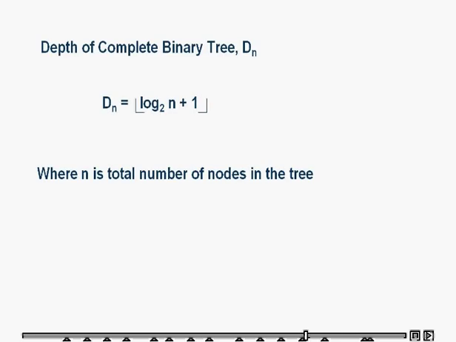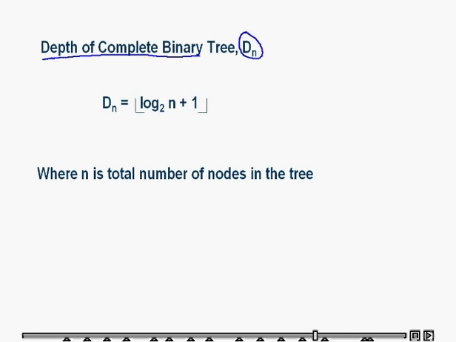Now let us move to the numerical portion of binary trees. Let us start with a small topic, that is calculating the depth of a complete binary tree. We denote the depth of a complete binary tree with the notation dn.